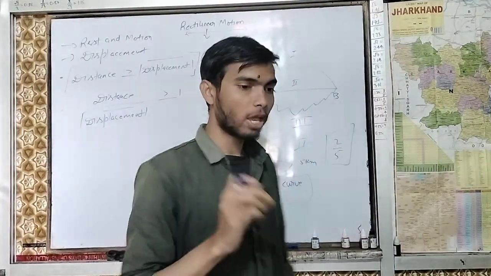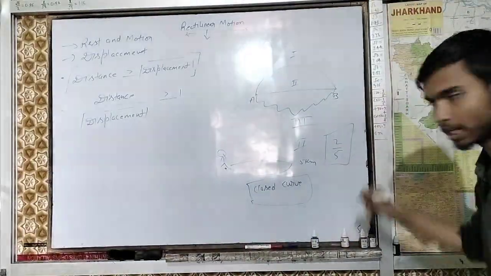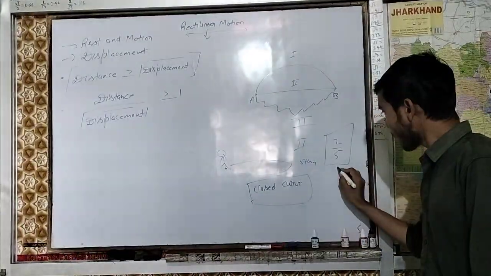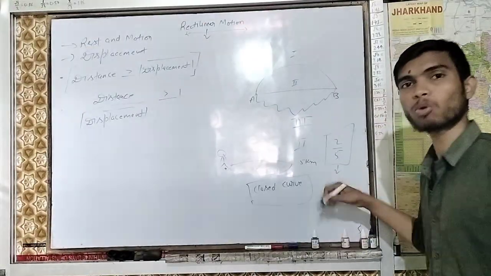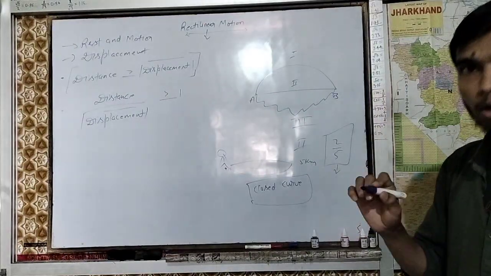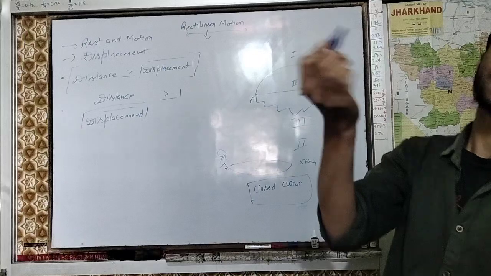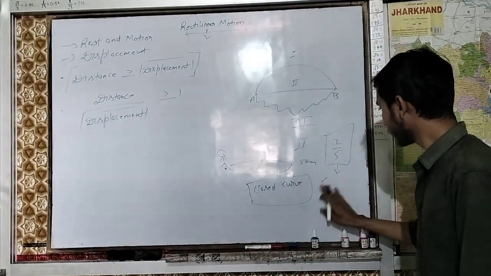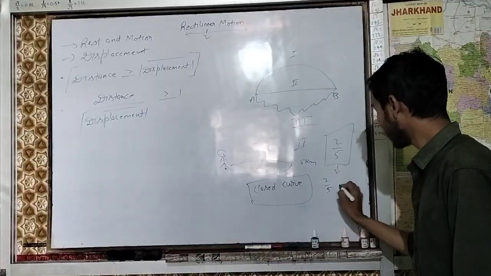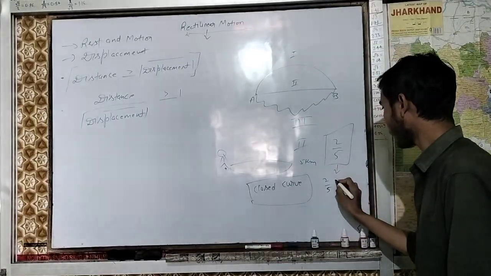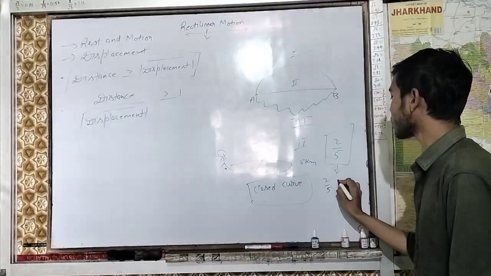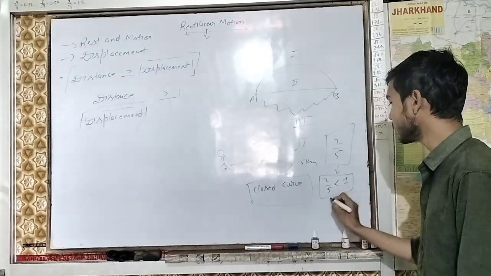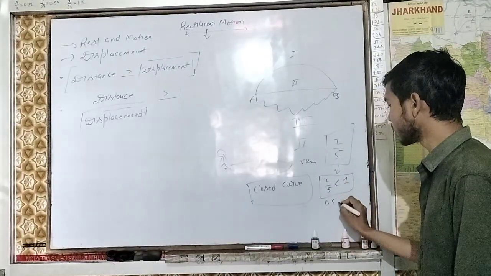So what is the focus here? If you solve this, you will get a decimal. But will it be a number greater than 1? Answer is no. This 2 by 5 will be less than 1, let's suppose 0.5.